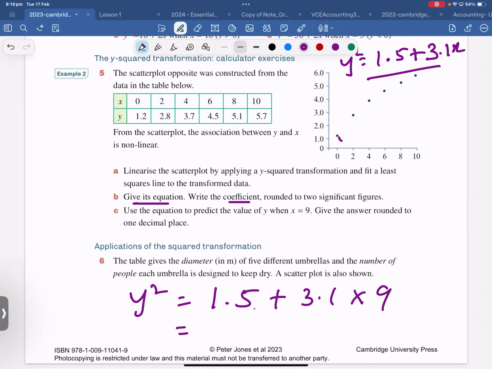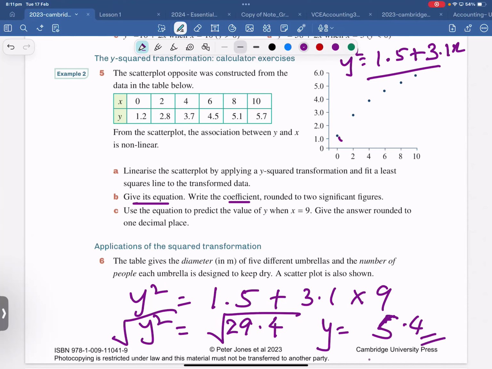So then that is 29.3 or 29.4. Then we have to get the square root of this, which is 5.4. Right, this is the answer for part C. Make sure when you get y squared as 29.14, you then get the square root, and y will be equal to 5.4.